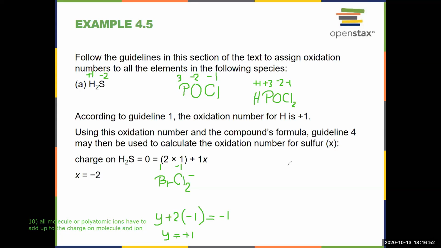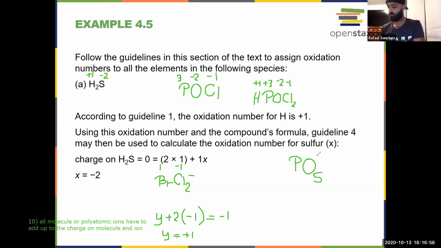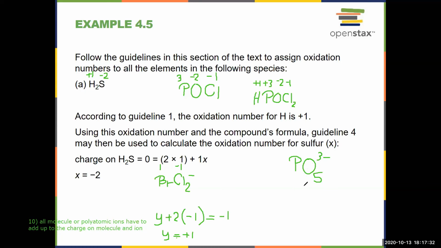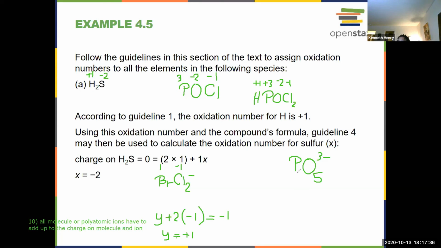So what about this? Let's do this one, and then we'll move on. O is negative 2. Would it be +7?